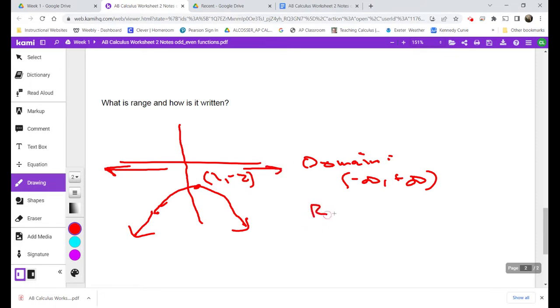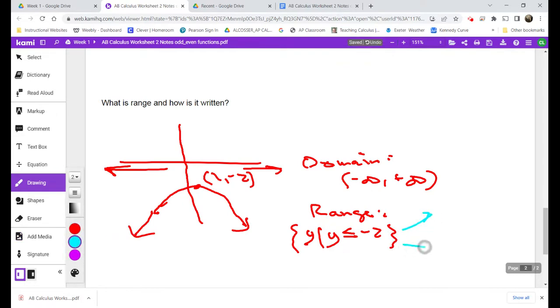But let's talk about the range. The range is a little different. The range is our y values. So we're going to be y such that y is what? Y is less than -2. And then again, we have multiple ways you may see this written.